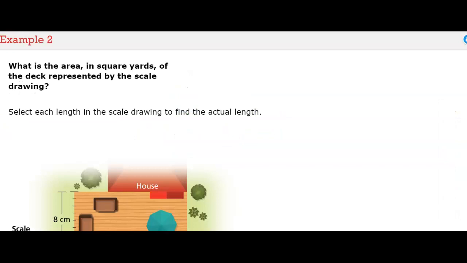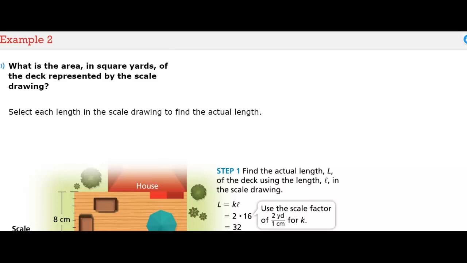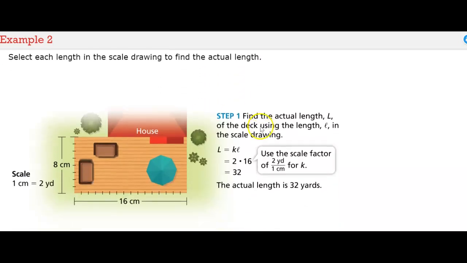What is the area in square yards of the deck represented by the scale drawing? Select each length in the scale drawing to find the actual length. So step 1, find the actual length of the deck, L, in the scale drawing.